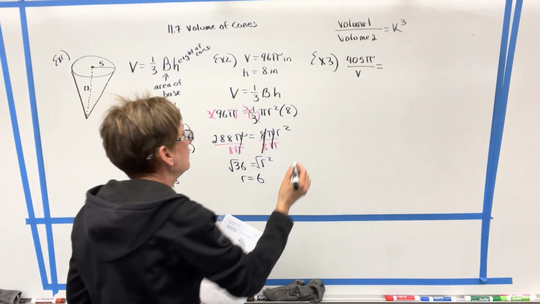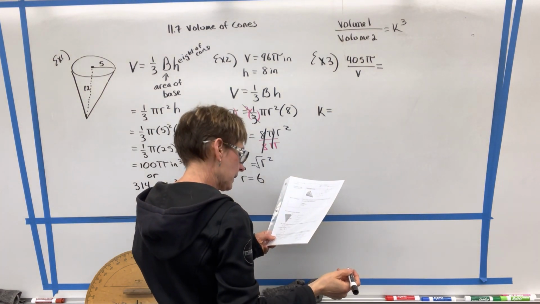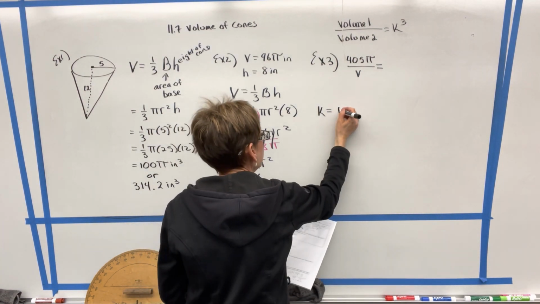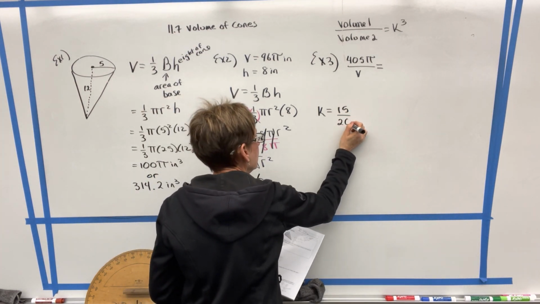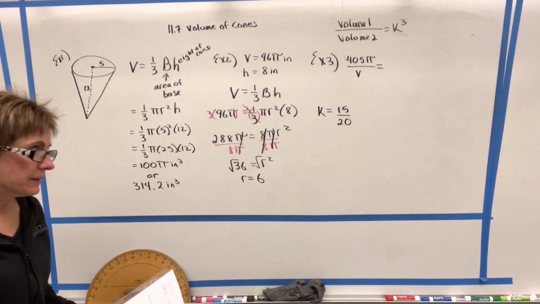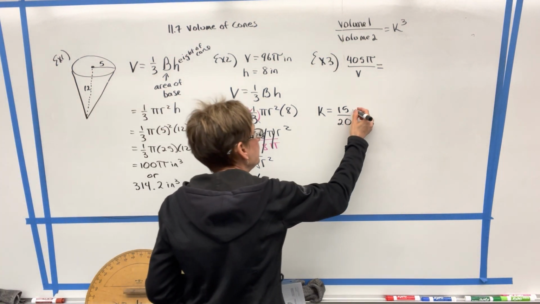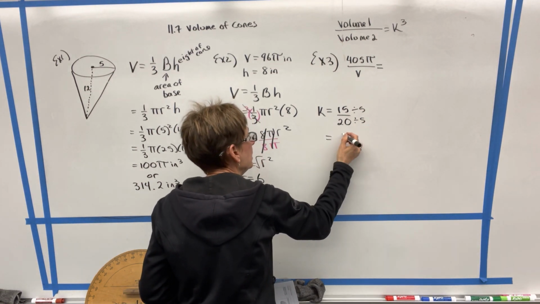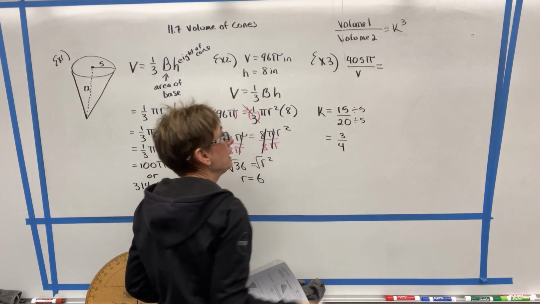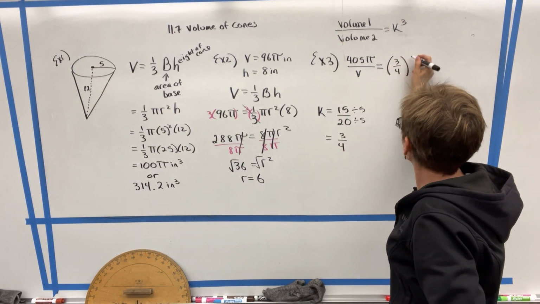The height of the first cone is 15, and the height of the second cone is 20. So our scale factor is determined by comparing 15 to 20. We do need to reduce this by dividing top and bottom by 5. So this becomes 3/4, and I have 3/4 cubed.